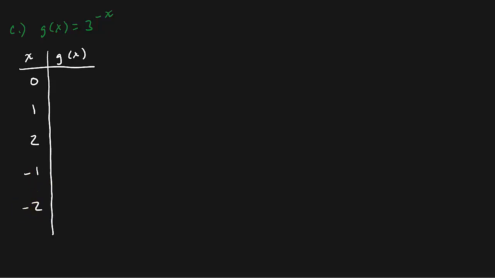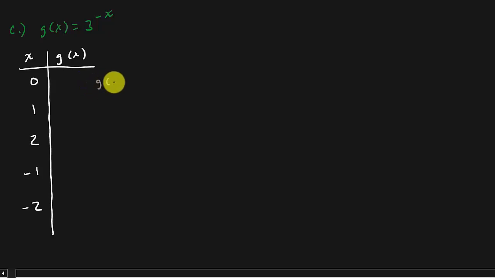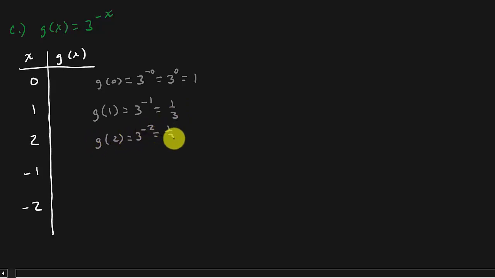All right, so g(0) is 3^-0, which is just 3^0, which equals 1. g(1) is 3^-1, which is going to be 1/3. g(2) is 3^-2, which is (1/3)^2, which is 1/9. And the negative exponent is on the 3, not on the whole thing. Let me write that a little better. Okay.